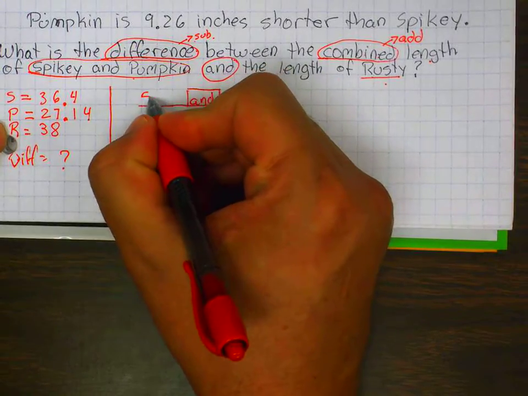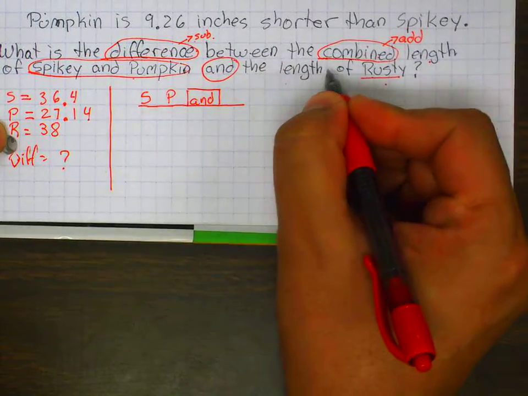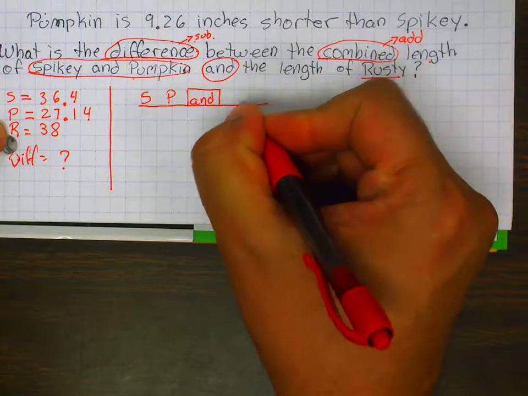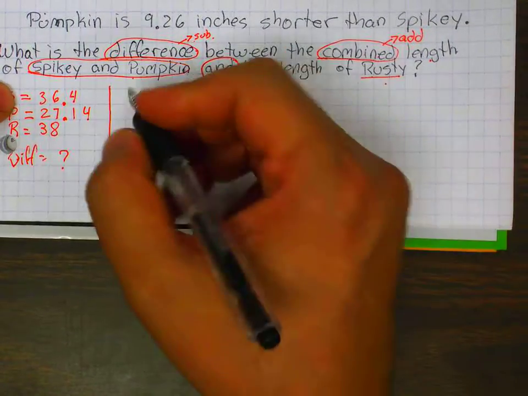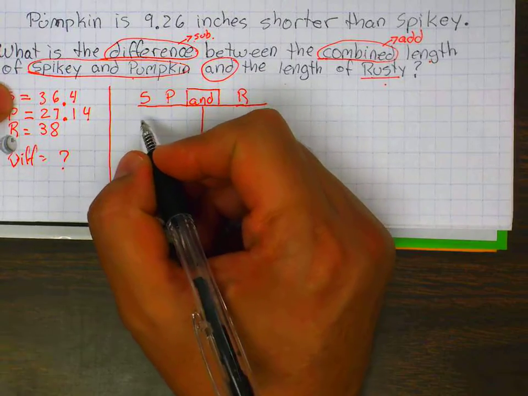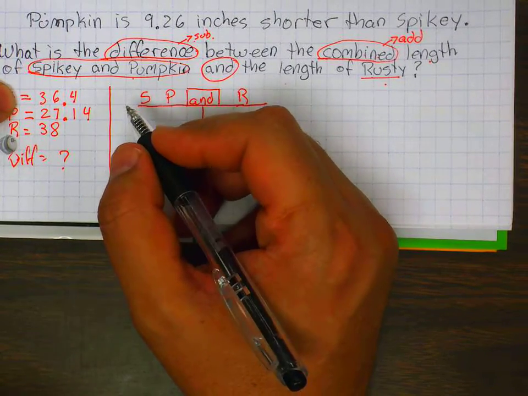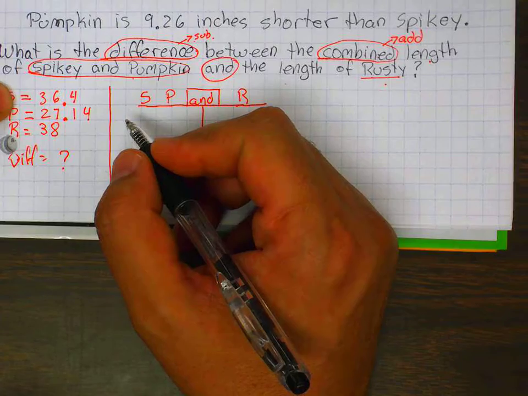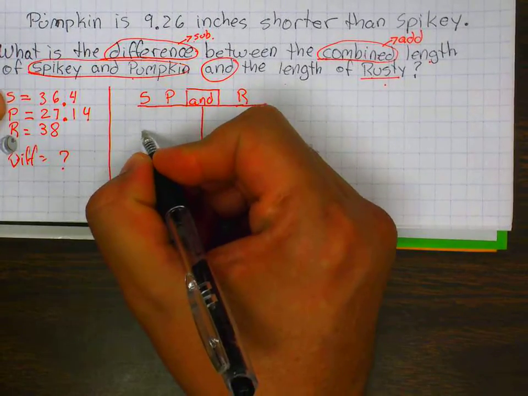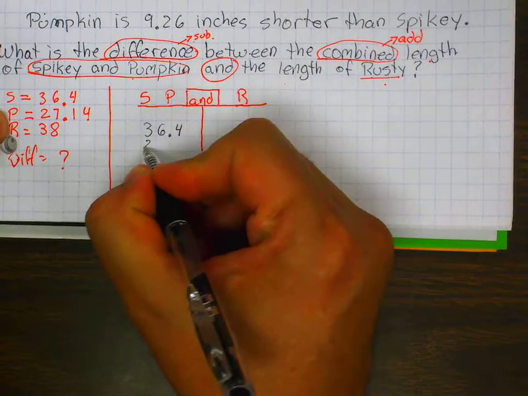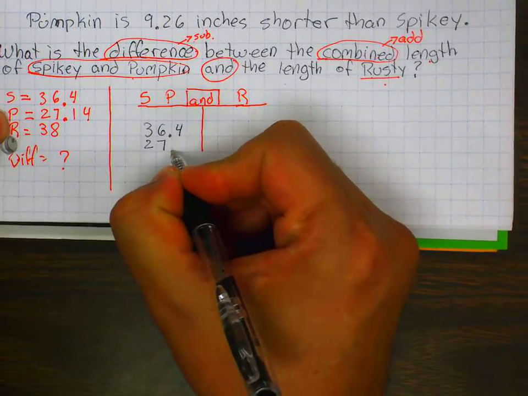So here I need Spiky and Pumpkin, and on the other side I need Rusty. So here I need Spiky, which is 36 and 4/10, and Pumpkin, which is 27 and 1400.